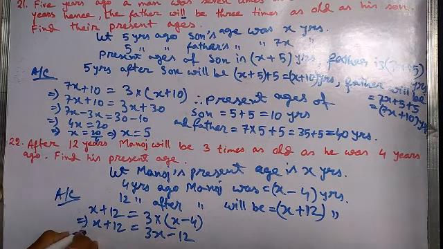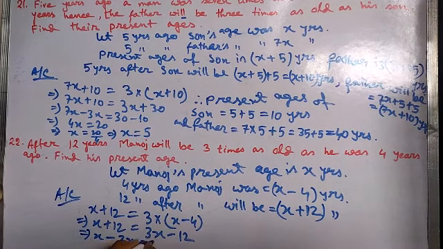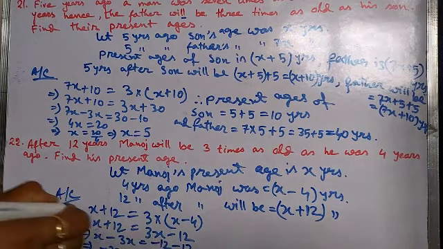Now 3x will come to this side, and this 12 will go to the other side. That means minus 2x equal to minus 24.